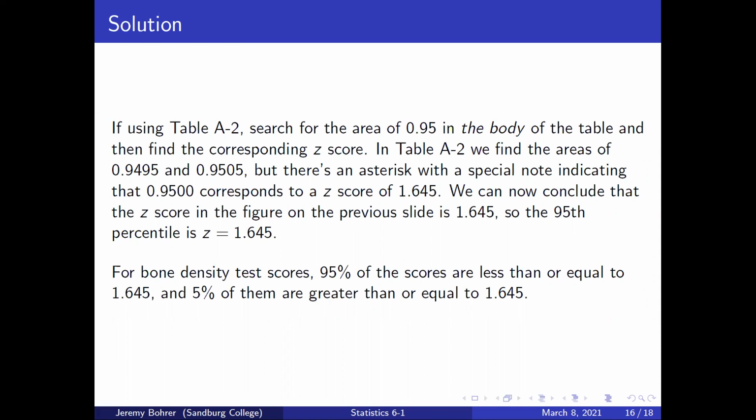We can now conclude that the z-score in the figure on the previous slide is 1.645. So the 95th percentile is z equals 1.645. For bone density scores, 95% of the scores are less than or equal to 1.645, and 5% of them are greater than or equal to 1.645.